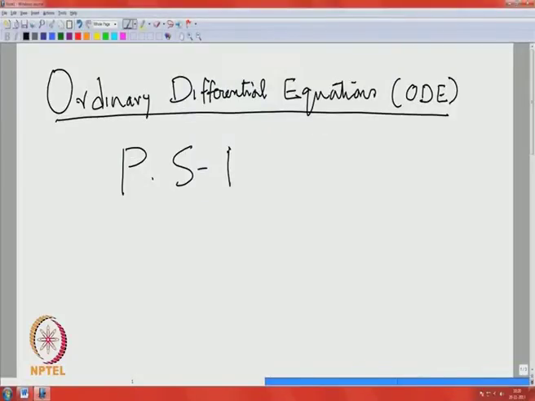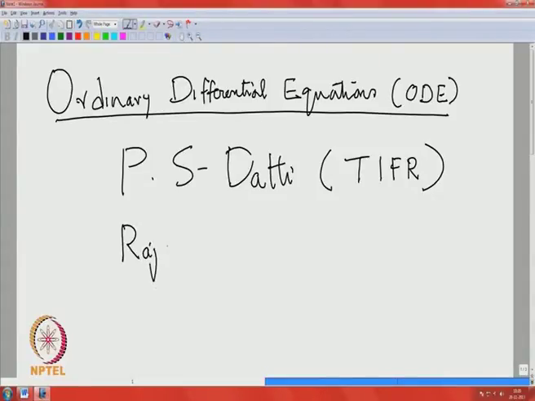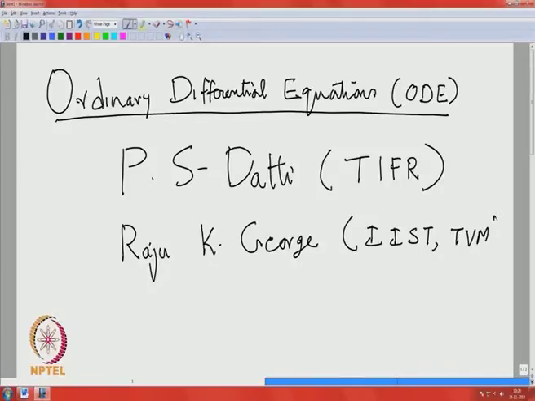P.S. Datti, from Tata Institute of Fundamental Research, Bangalore, it is basically called TIFR CAM, Center for Applied Mathematics, and Raju K. George from IIST, Trivandrum, Indian Institute of Space Science and Technology, and of course myself.